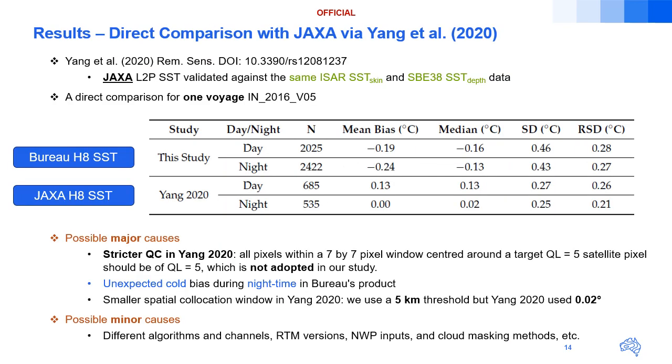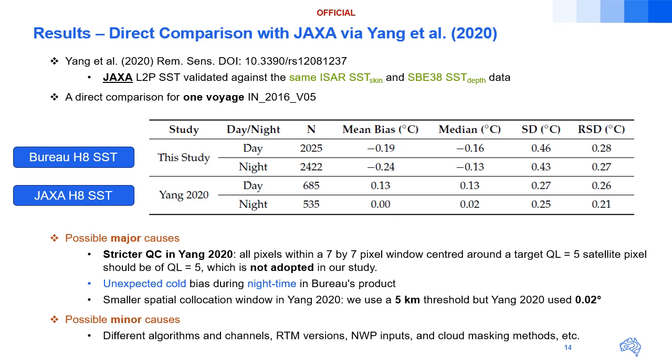A final result I want to show here is a direct comparison with the JAXA product, which was validated in a previous paper by Minglan Yang in 2020. I hope Minglan is also in the audience, so we can have a discussion after this.